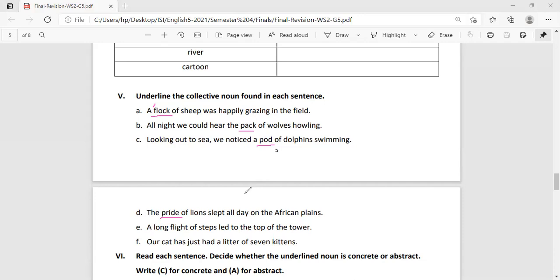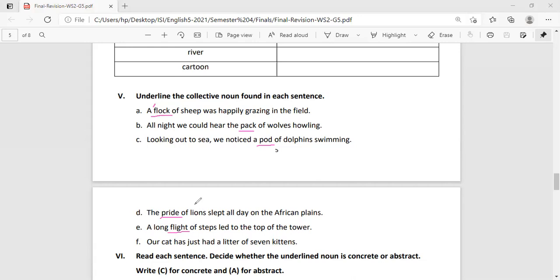Led is a verb. Led is the simple past tense of lead. This sentence shows you a group of what? A group of steps. So the collective noun that shows the group of steps is the flight. A long flight of steps. Say flight of steps. So flight is the collective noun that shows me that there is a group of steps.